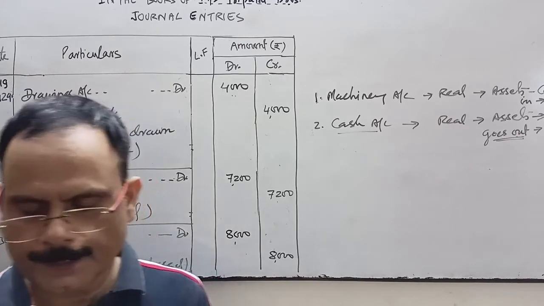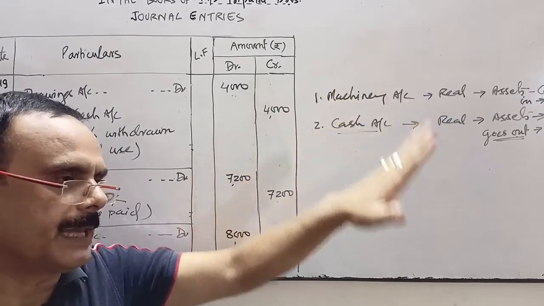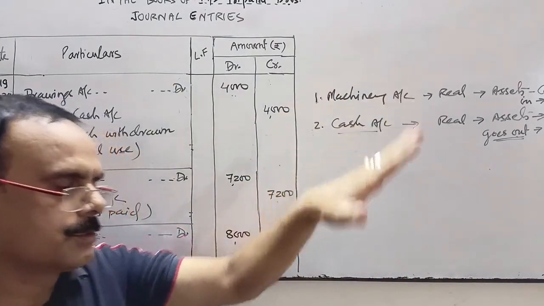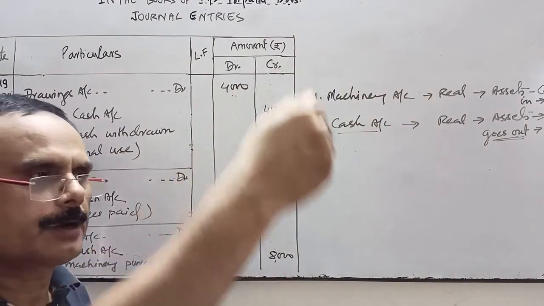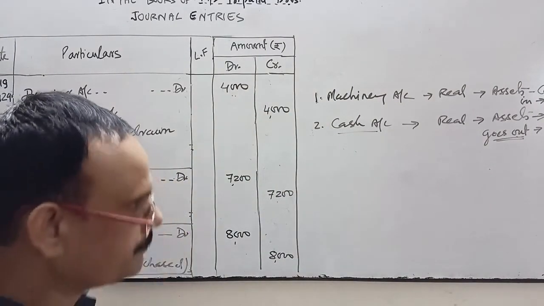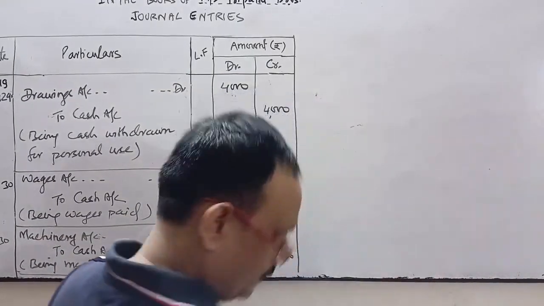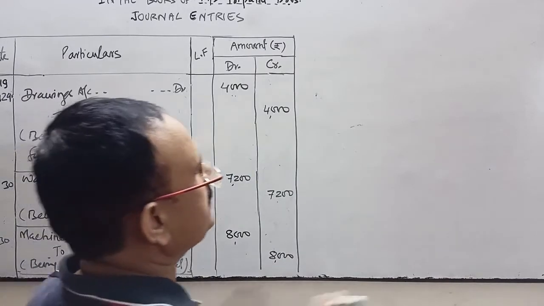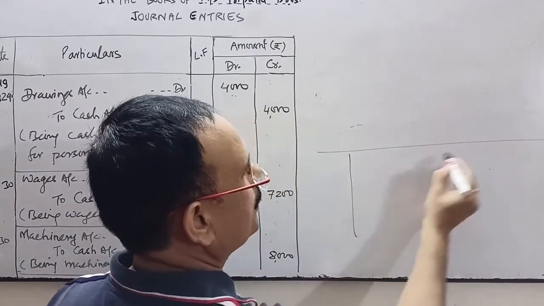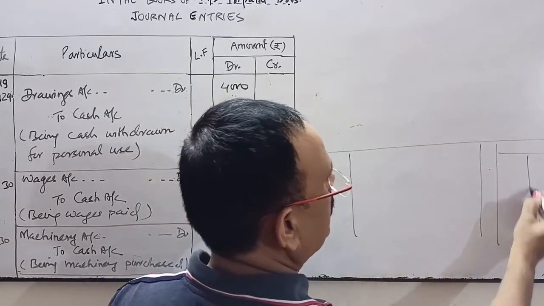What we do thereafter, when we record the transactions in a page in our copy? Suppose 4 transactions are recorded in your copy. This is date, particular, LF and 2 columns for the amount.